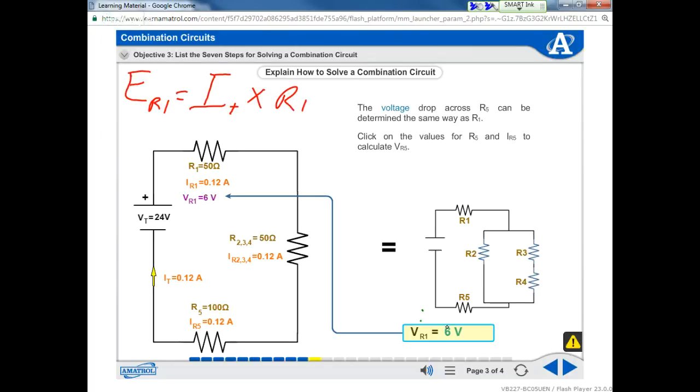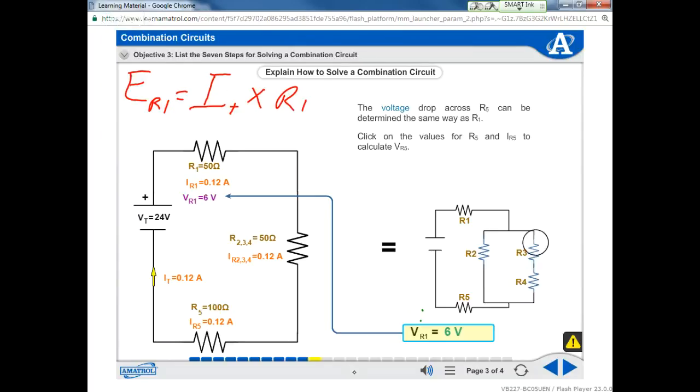Real quick, what's my voltage drop here and here? There's not one, because that's a parallel circuit. That was a trick question. Be prepared for that on the test. That's where the current splits. The voltage at this point and this point would be the same.